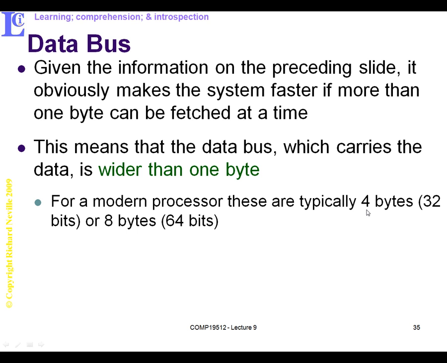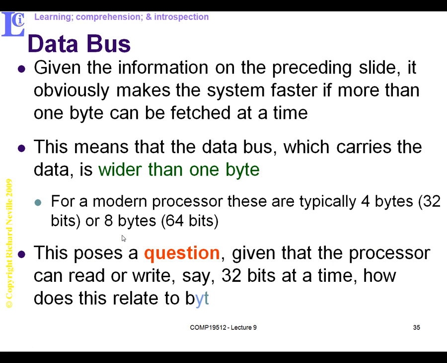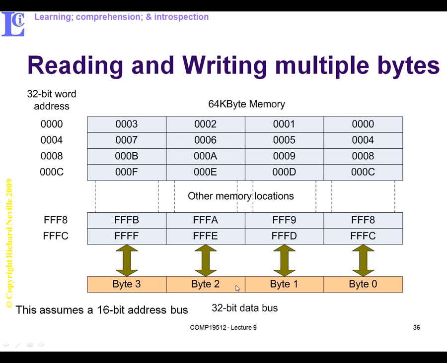So the question here is, how do we do this? How do we read in 32 bits at a time when our memory is set up to be byte addressable? We put out an address, and that will only address 8 bits, and there's 4 of those in the 32-bit number. Let's go and have a look.